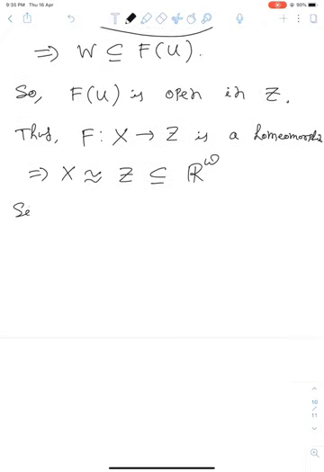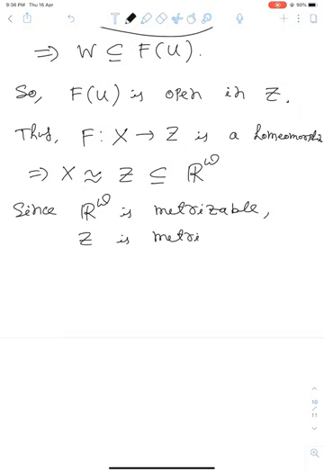Now since R^ω is metrizable, Z is metrizable, being a subspace of a metrizable space.